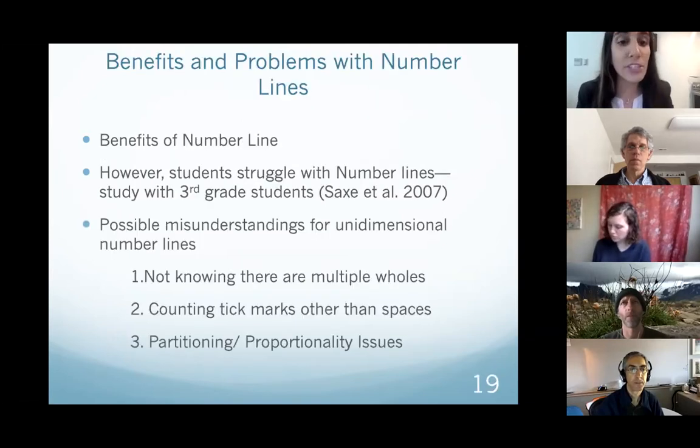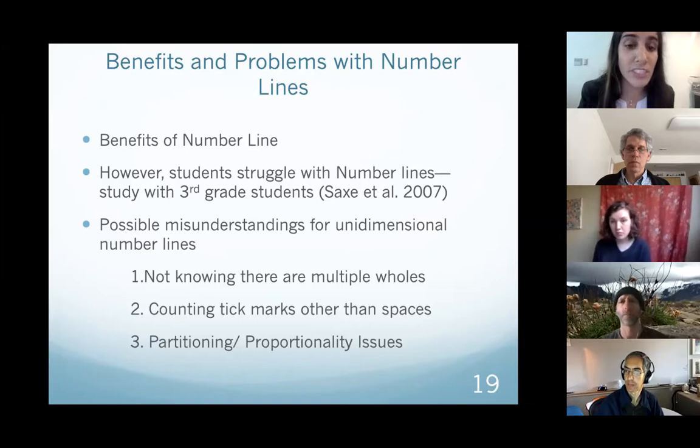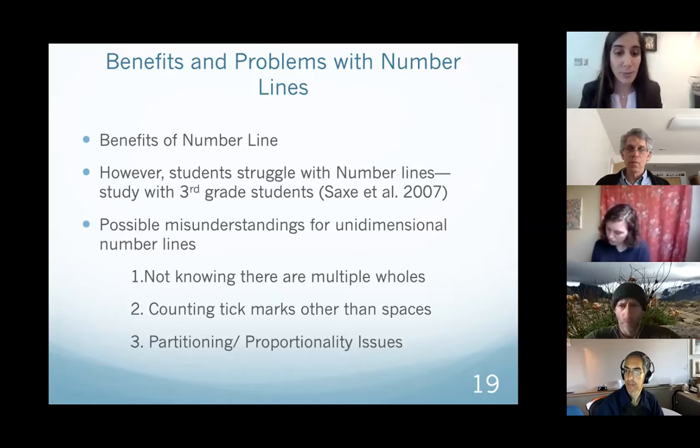The reason I wanted to do that is even though there are benefits of number lines, it's been shown that younger students in particular can struggle with unidimensional number lines, as in just a straight line. There are many reasons why they could struggle with that. It's not very obvious in a straight number line that there are multiple holes. Unlike a part-whole representation, where it's easy to see what the multiple holes are, that's hard on a number line.